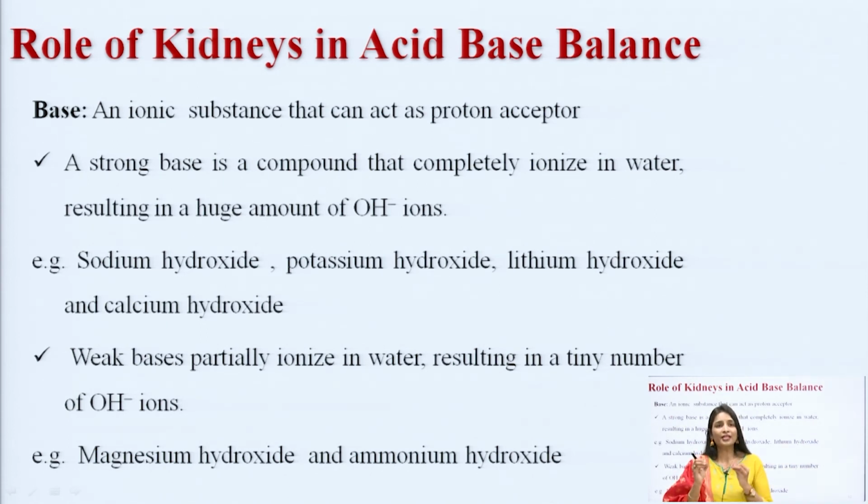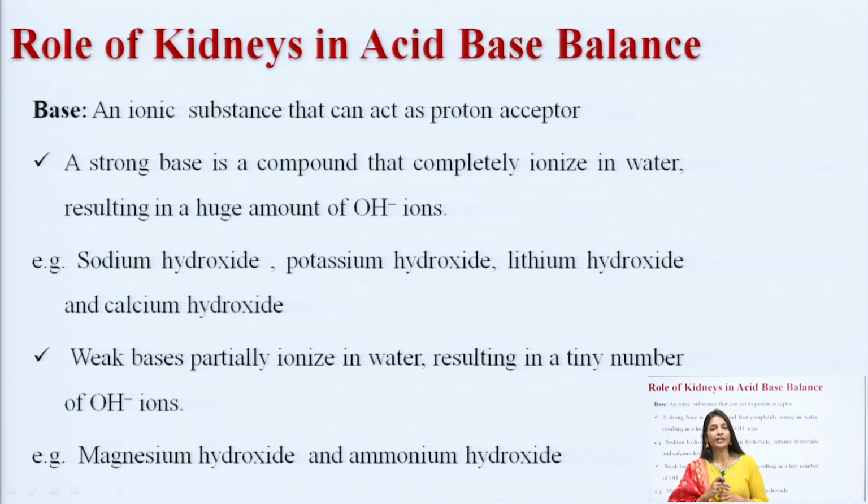If any substance is completely ionized in water to produce hydroxide ions, you can call it a strong base. And a weak base is partially ionized in water, so only a very small amount of hydroxide ions will be released.